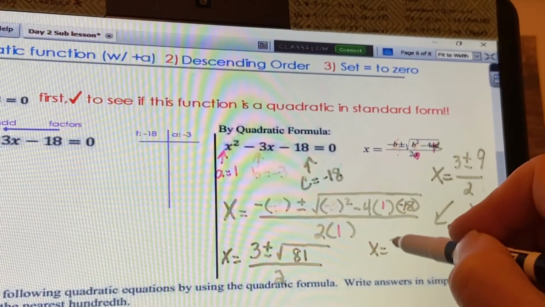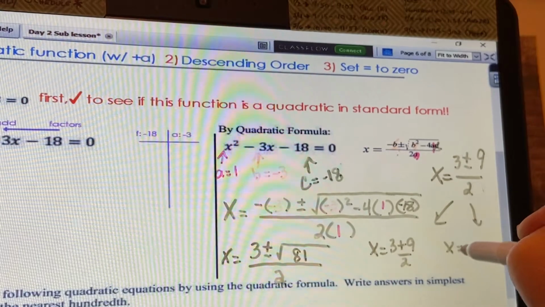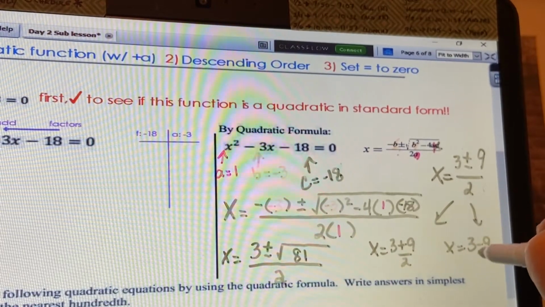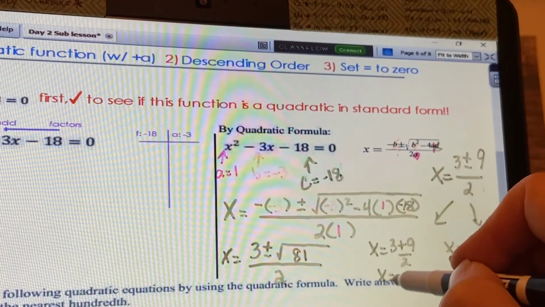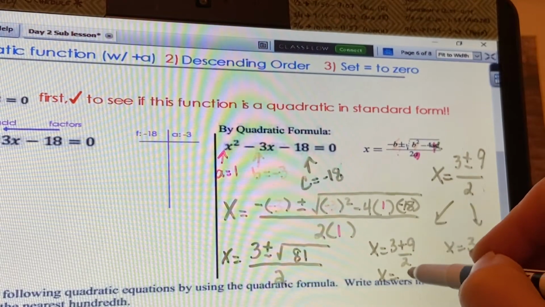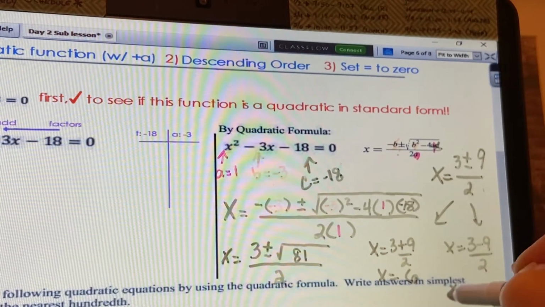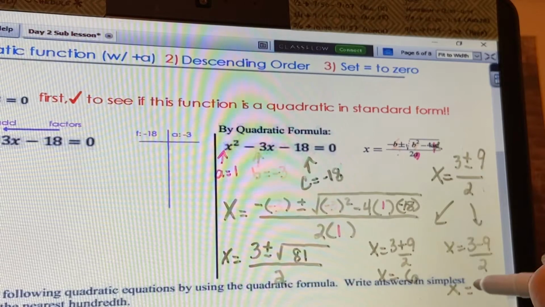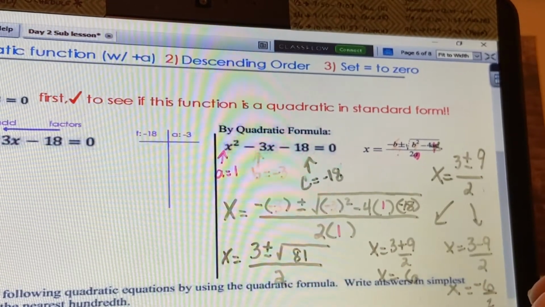X equals 3 plus 9 divided by 2, and x equals 3 minus 9 divided by 2. So this will be, that's 12 divided by 2 is 6. And this would be -6 divided by 2, which is -3.